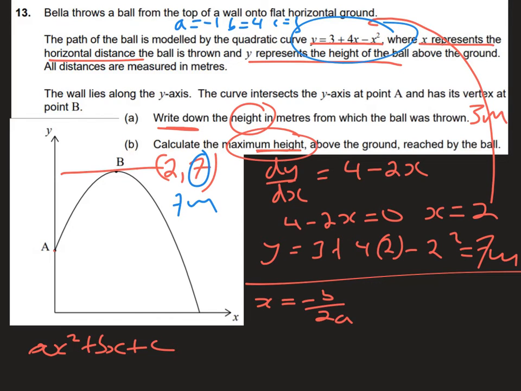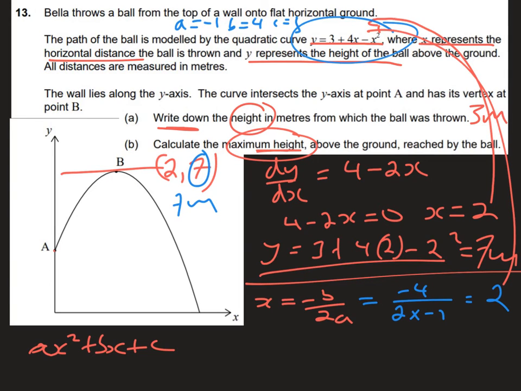So if we substitute that in, we're going to have minus 4 over 2 times minus 1. So that is also going to give us 2. And again, similarly, we're going to just substitute 2 into this equation, which is also going to give us 7 meters.